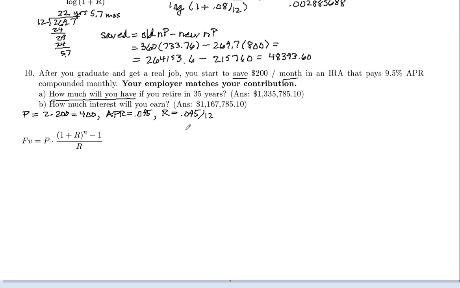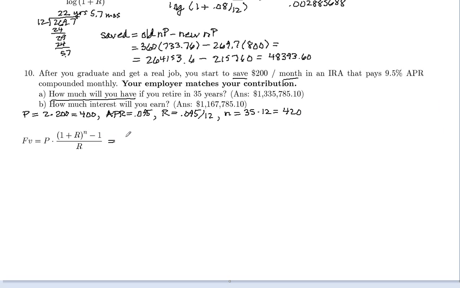That one's not a nice rate, so let's just leave it as 0.095 divided by 12. And then N is going to be our 35 years, times 12 months per year. And that is 420.